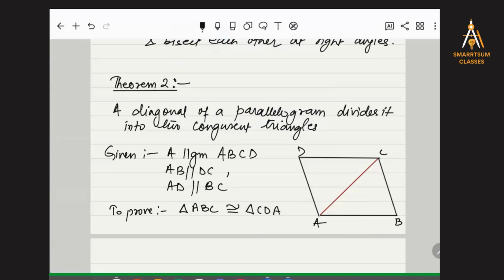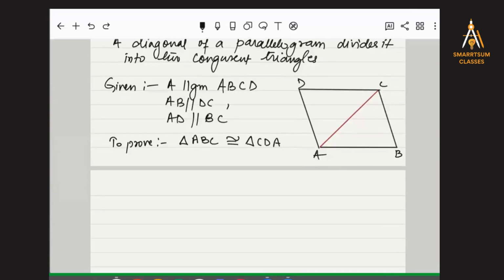The diagonal of a parallelogram divides it into two congruent triangles, so we have to prove that triangle ABC and triangle CDA are two congruent triangles. We have drawn here the diagonal AC. Now we will prove.